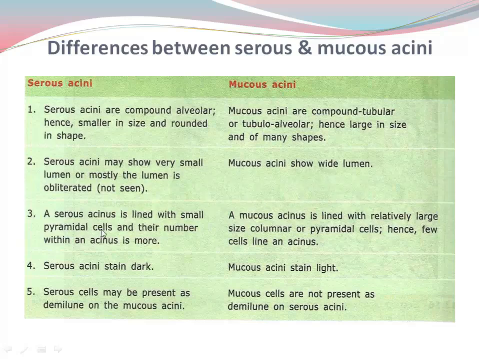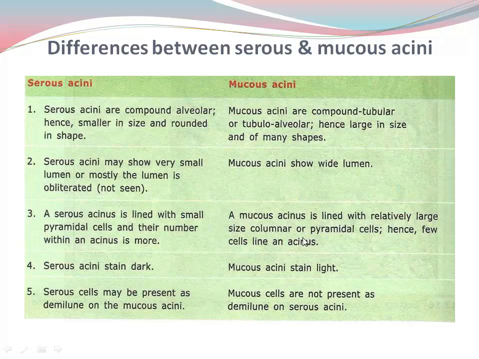Here the serous acinus is lined with small pyramidal cells, and their number within an acinus is more. Here the mucous acinus is lined with relatively large columnar or pyramidal cells, and few cells line an acinus.